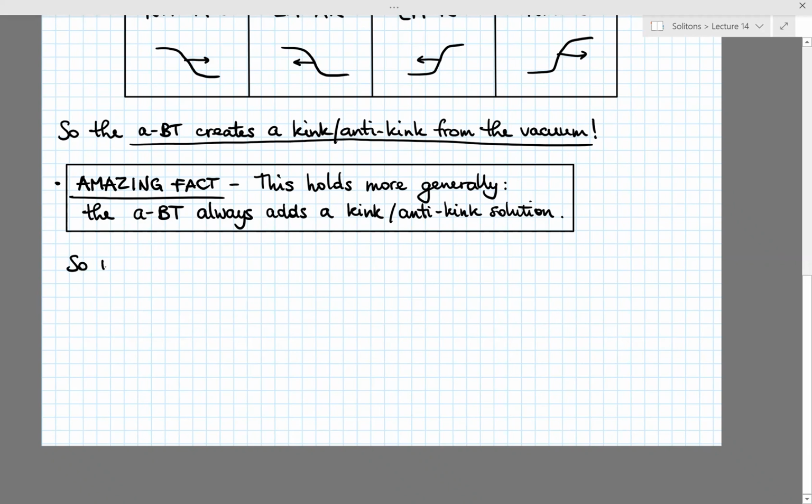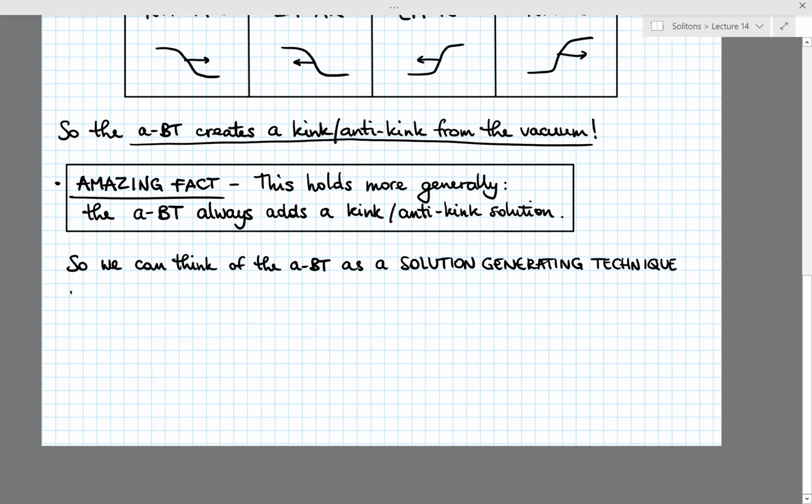So in general, we can think of the auto-Backlund transform as a solution generating technique, which adds kinks or anti-kinks.